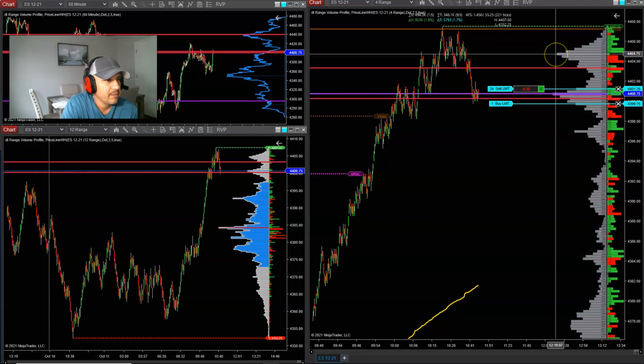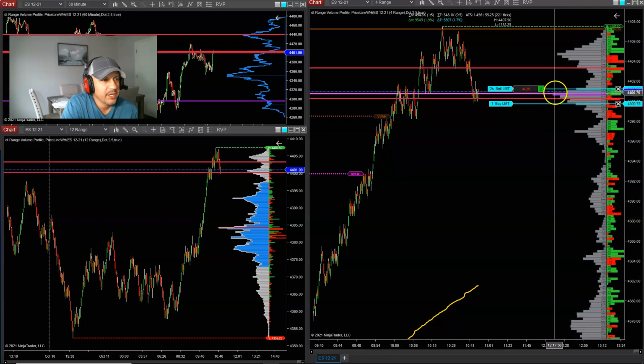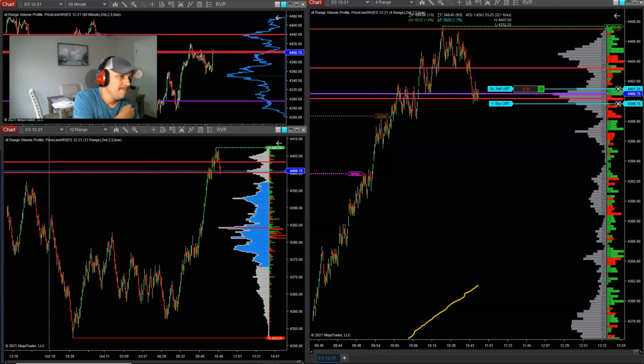It was right here, and it pushed down because volume started to accumulate in this area right here. So wait to get out of this trade here, break even, and then just stand down until I see something that makes more sense. And we can push lower now.